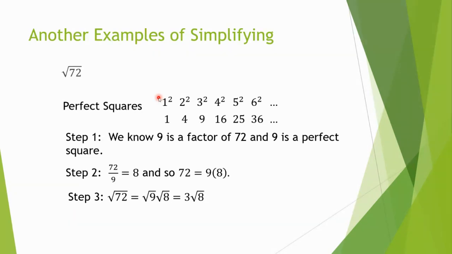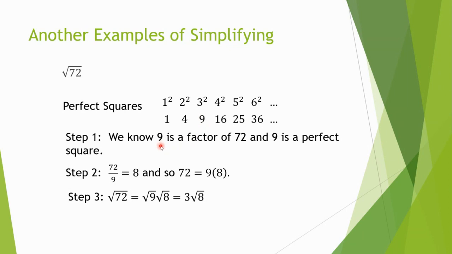Since 9 is a factor, and 9 is a perfect square, 9 is 3 squared, that tells us this is not simplified. Again, this is not simplified. The radicand, 72, has a factor other than 1, namely 9 in this case, that is a perfect square.